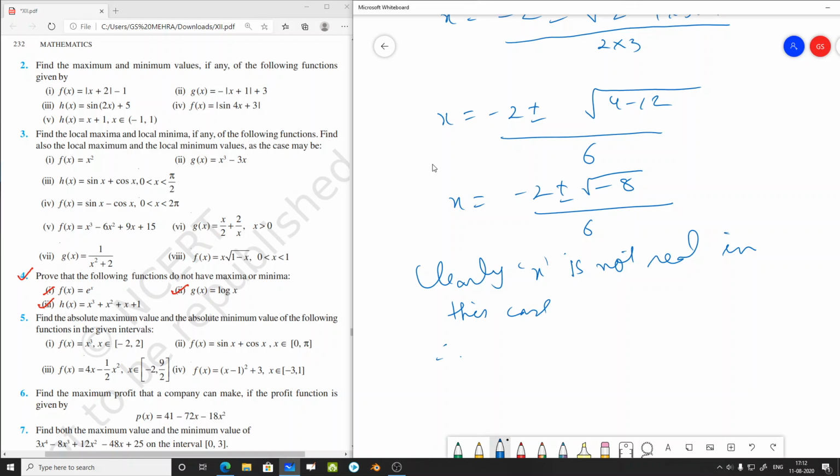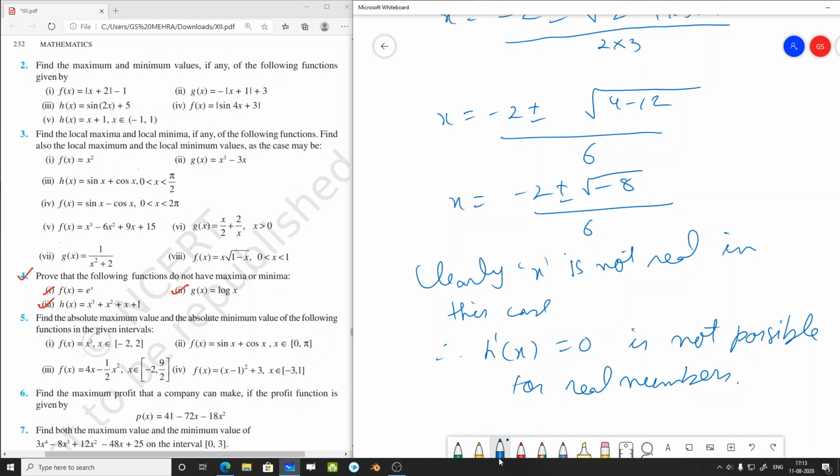Therefore, we can say that h dash x equal to 0 is not possible for real numbers, and maxima and minima we are doing only for real numbers.